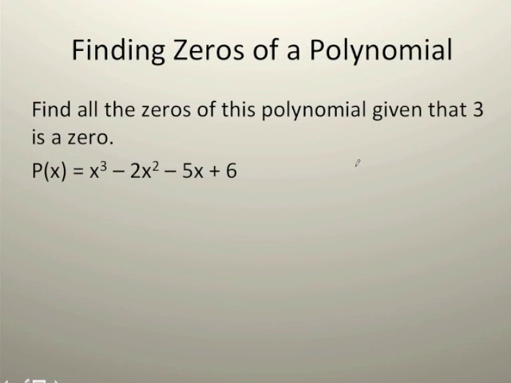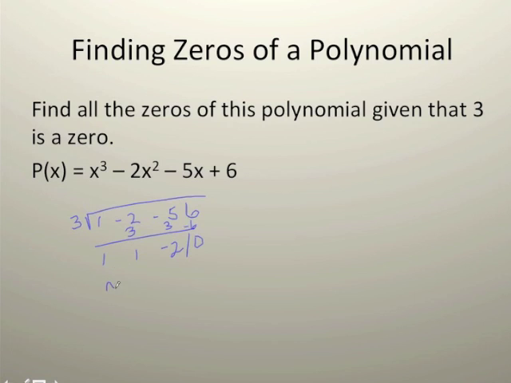We're going to find all the zeros of this polynomial. They're going to tell us that 3 is one zero. So since this is a cube, I can go ahead and factor. 3 is a 0, so I've got 3, 1, negative 2, negative 5, and 6. Bringing down 1, 3, 1, 3, negative 2, negative 6, and I have a 0.